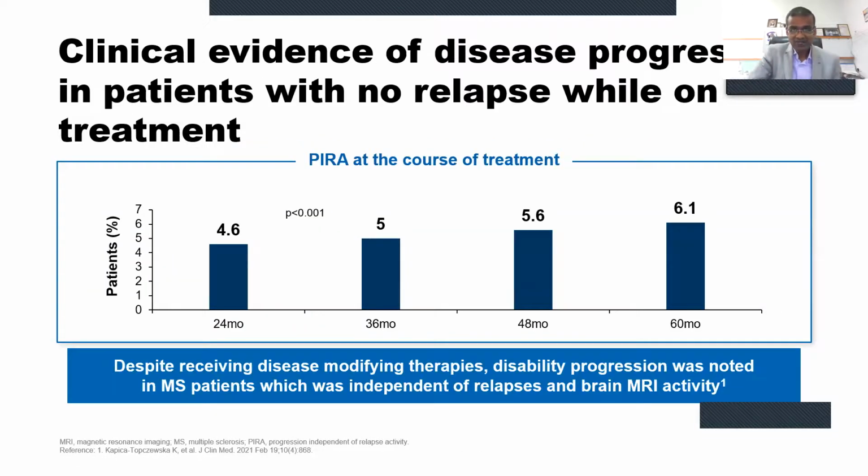Now, clinical evidence of disease progression in patients with no relapses while on treatment. So patients who are already getting treatment can also continue to get worse. At the end of 24 months, it's 4.6. And at 5 years, it is 6.1. So this happens despite patients receiving disease-modifying therapies. So even if there are no relapses, the MR activity may not change, but disability is getting worse.